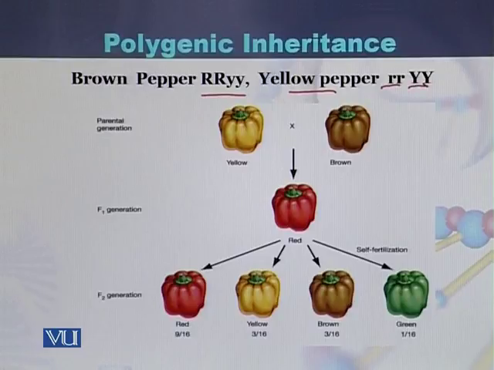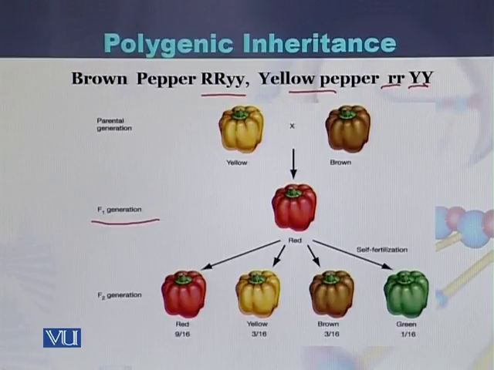So the Y allele is dominant over the small y. Capital Y is the dominant allele while small y is the recessive allele. If we do a cross between these two types of peppers, all the offspring produced in the F1 generation will be red.